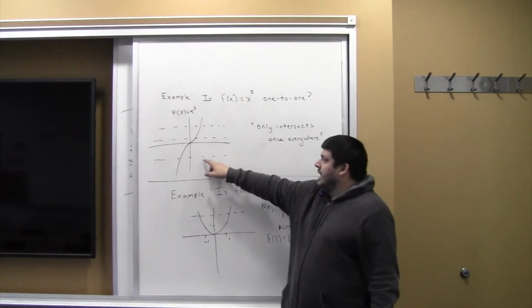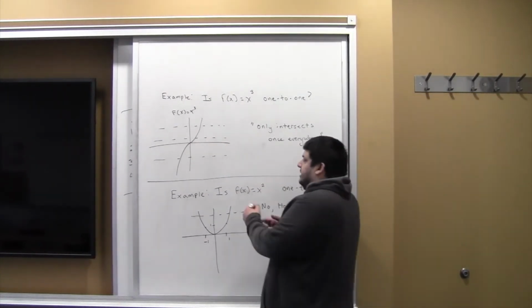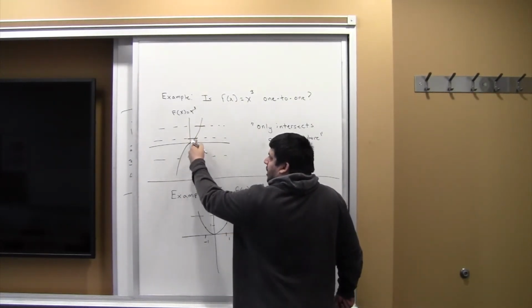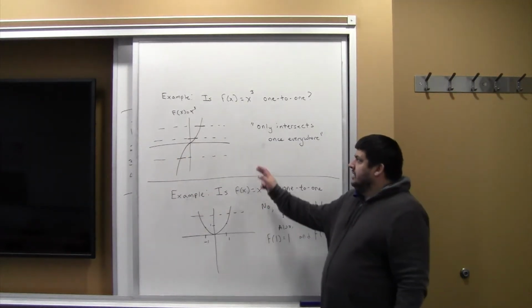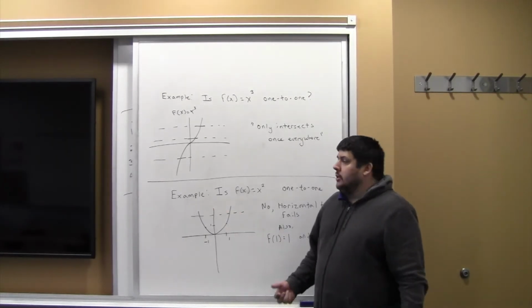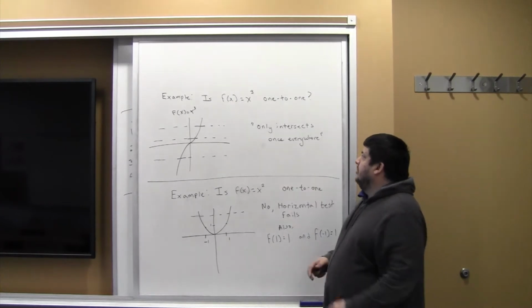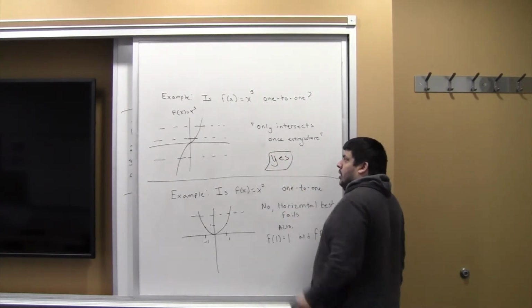If we look, every line that I'm drawing through this particular graph is only intersecting with this function at one exact point. And because of the definition and the test that we just saw, we can say that this is, in fact, a one-to-one function.